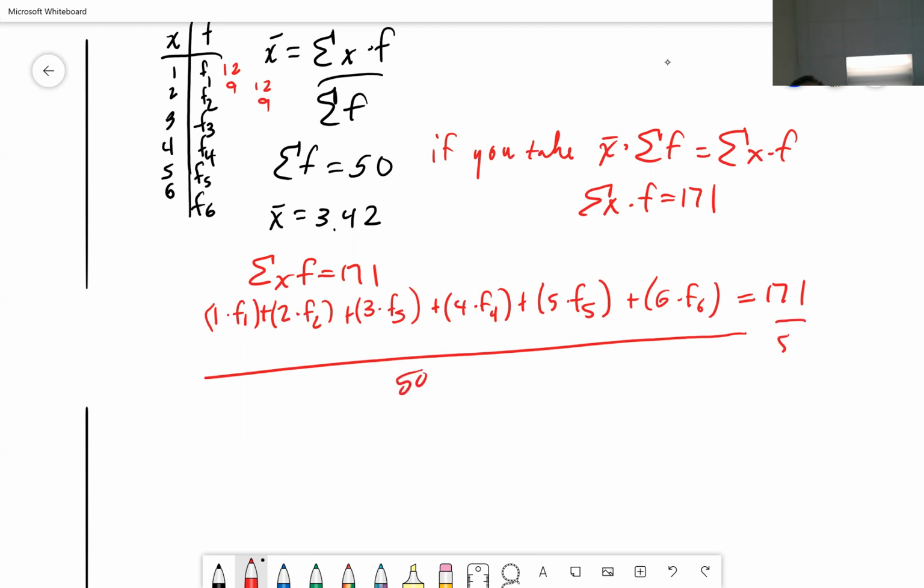We know we divide 171 by 50, we get 3.42. My problem is that when you flip a 12 and a 9, it all depends on which one it is, because that will vary the answer considerably.